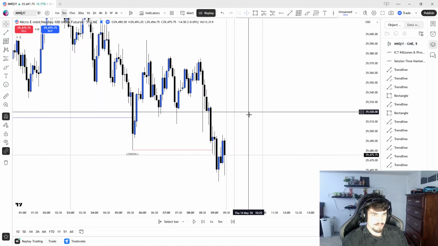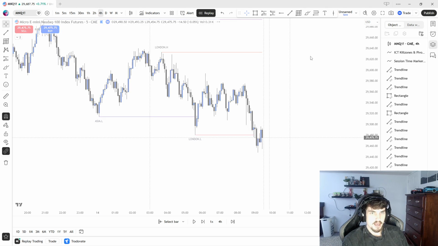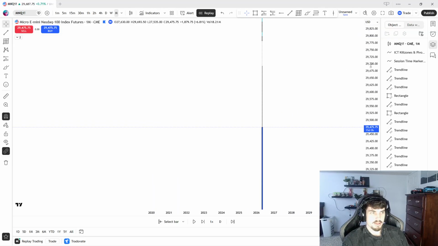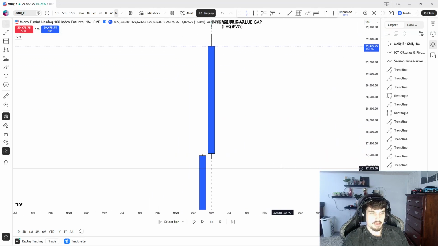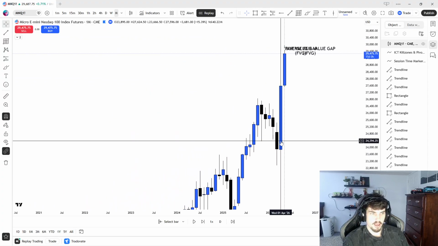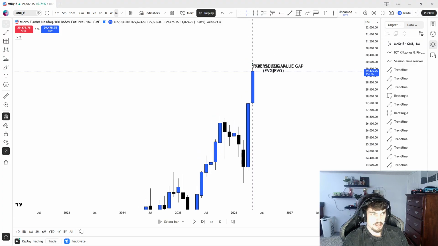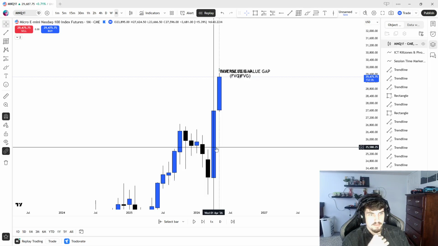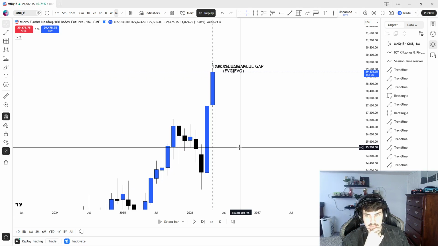But on any time frame, we will be able to see this. We will be able to see on even the monthly time frame a fair value gap getting formed. So if I scroll out here in the monthly time frame, I will be able to see even right now that we are maneuvering and making a fair value gap, basically.